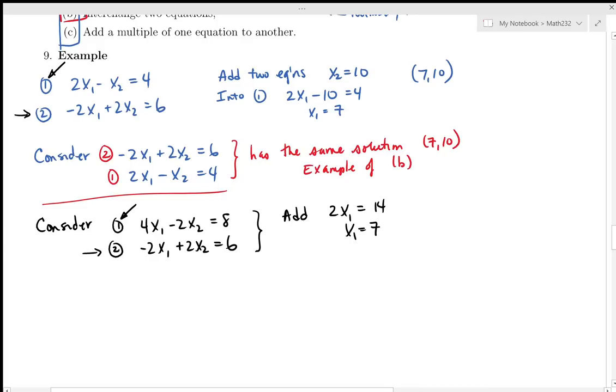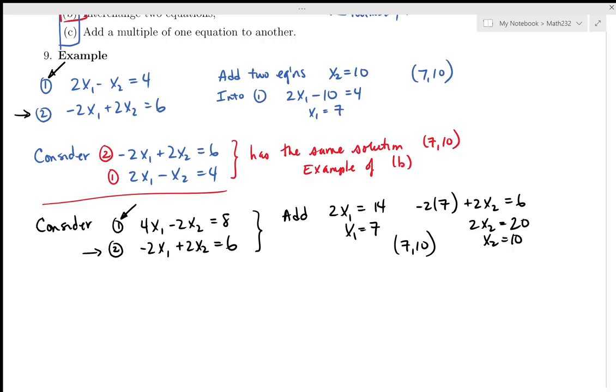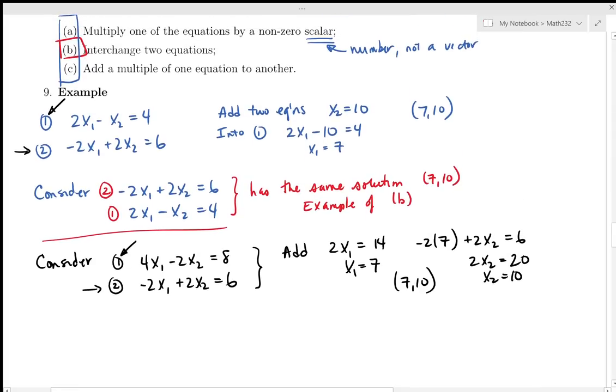And now that I know that x1 is 7, I'll go: minus 2 times 7 plus 2x2 is 6, so 2x2 is 20, and x2 is 10. And I have the same answer. So the fact that I took that first equation and multiplied it by 2 didn't change anything. The solution set is exactly the same. That is an example of A.